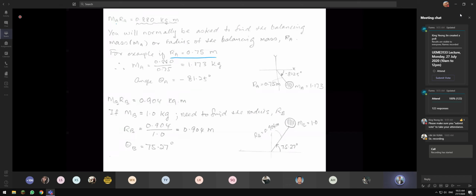But in the case that this is the mass radius product and the RA is given, then we can find the mass. So this is for A. You can just divide the mass radius product by the radius provided, 0.75. Then we will know that the actual mass you have to put is 1.173 kg.